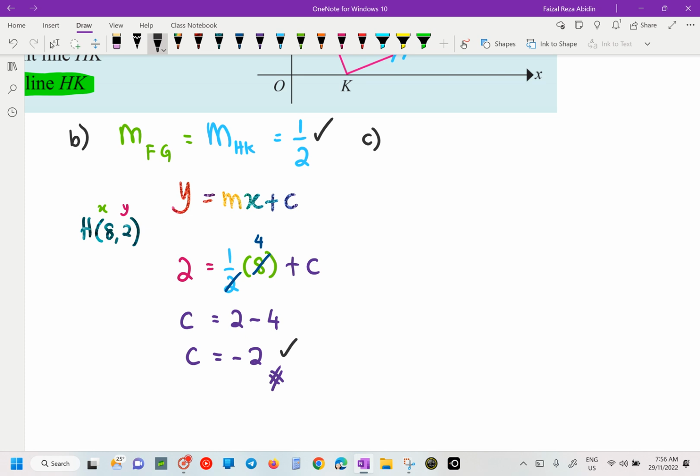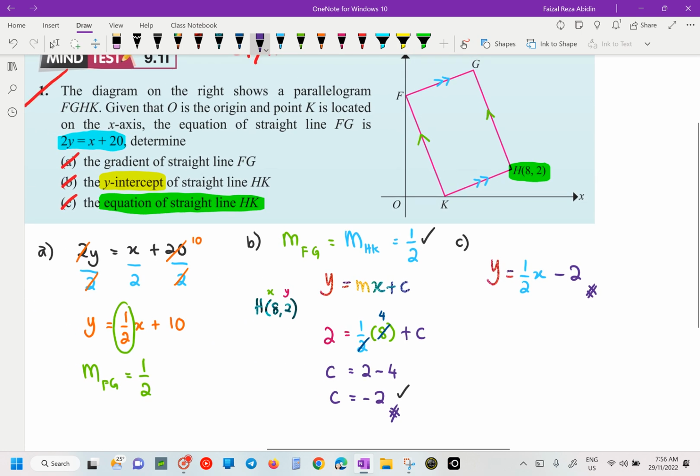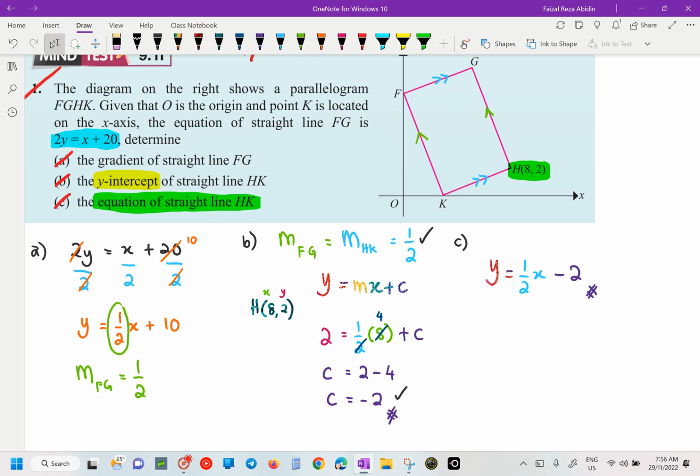Means that straight away we are going to have y equals 1 over 2x minus 2. This is our equation of straight line HK, isn't it? I think it's quite easy lah.